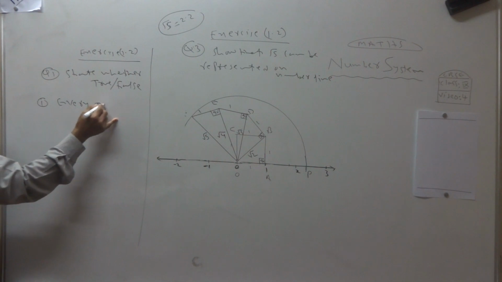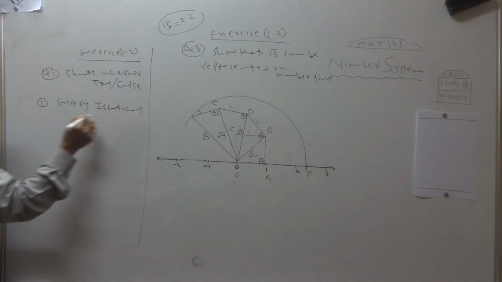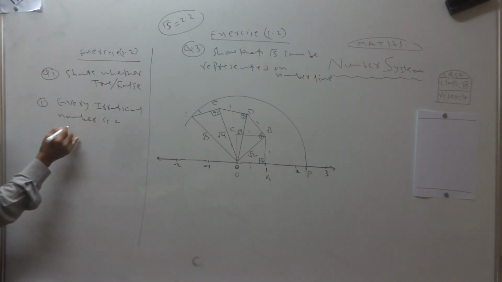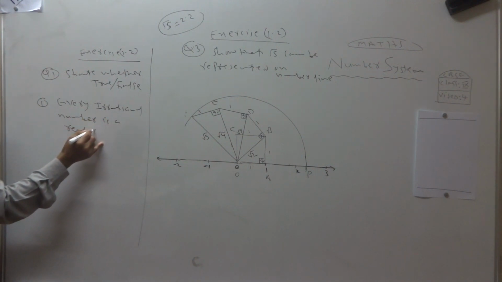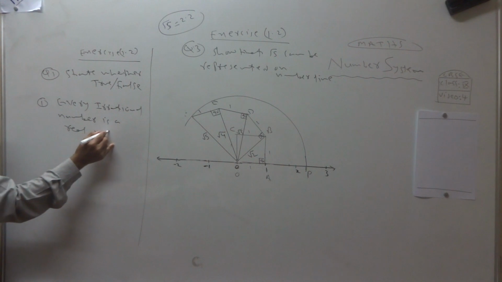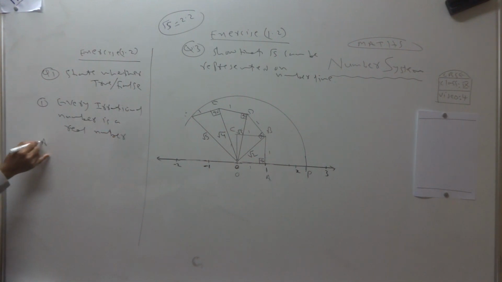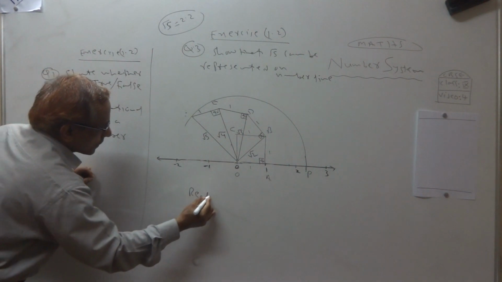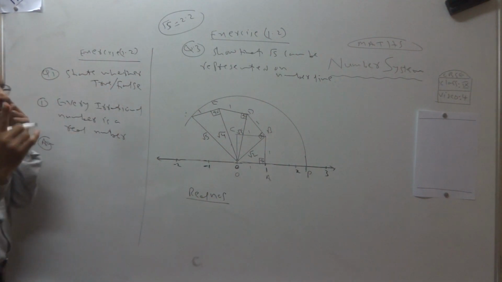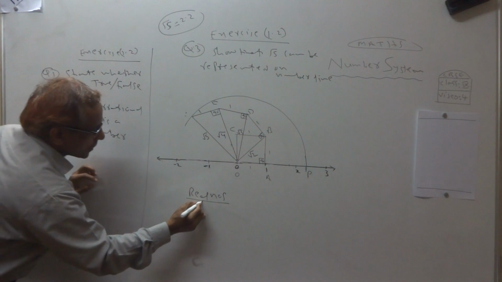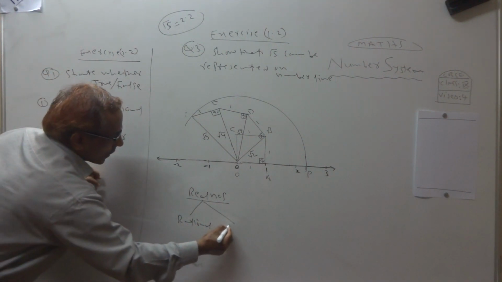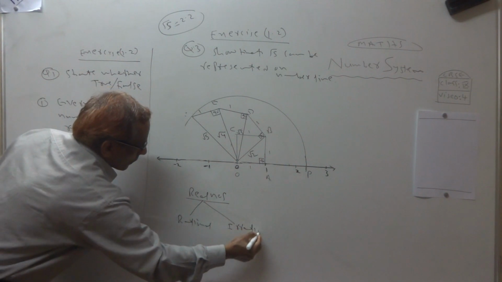Every irrational number is a real number. Is this correct? You know already, we discussed in the first video, that real numbers are divided into 2 parts: rational and irrational.